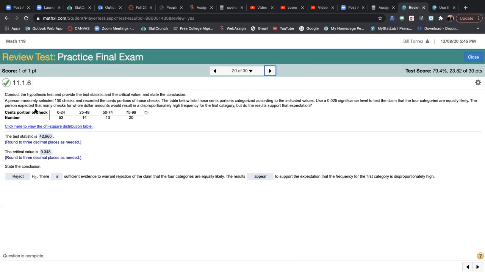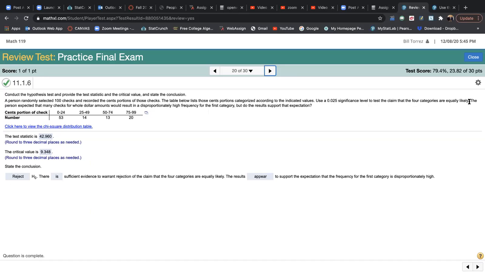So in this problem, it says a person randomly selected 100 checks and recorded the cents portions of those checks. The table below lists those cents portions categorized according to the indicated values. Use a 0.025 significance level to test the claim that the 4 categories are equally likely. Okay.